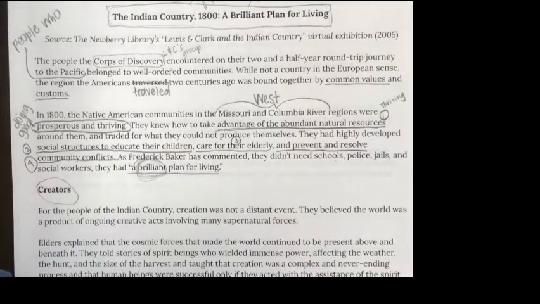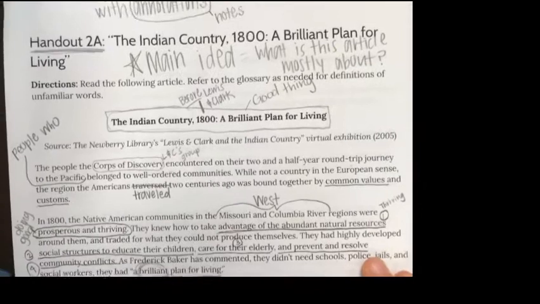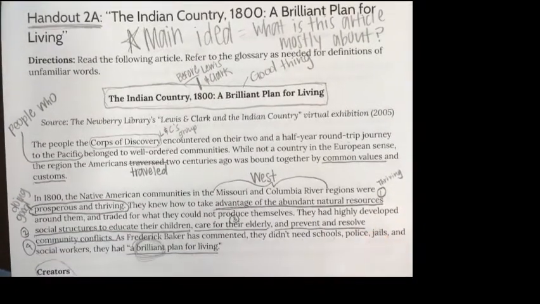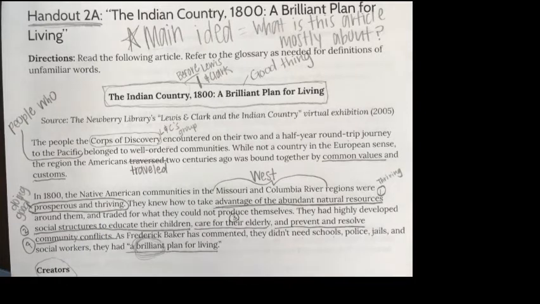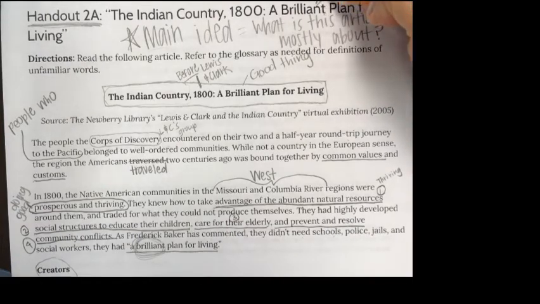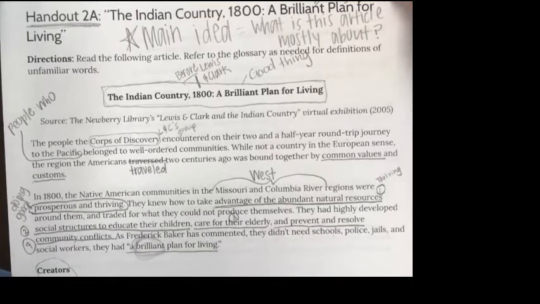All right, we're going to go on to read heading 1, creators. And so I'm going to remind myself, I am trying to find the main idea. So what the article is mostly about. And so far, I think the title really gave it away, right? It's mostly about how the Indians had a great way of living.